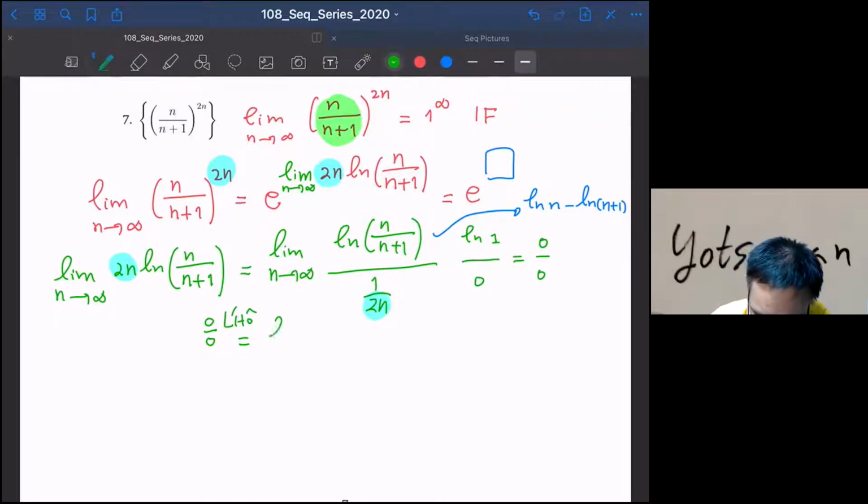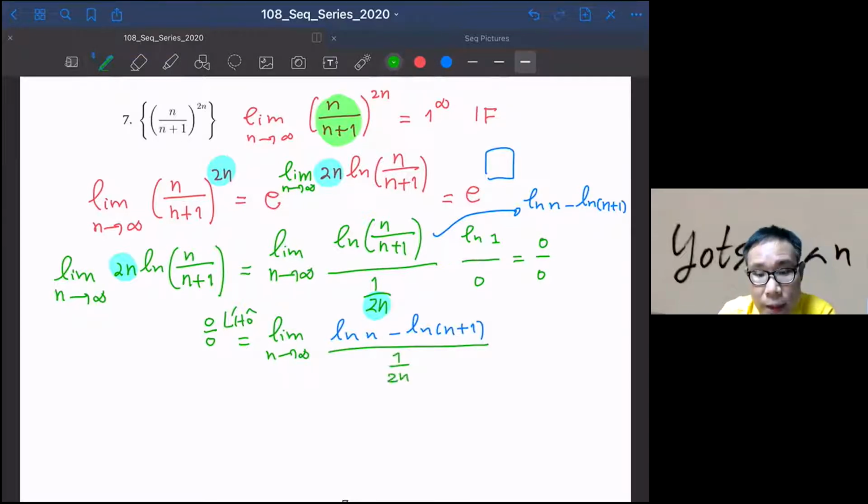So you get the limit as n goes to infinity of log n minus log of n plus 1, over 1 over 2n.